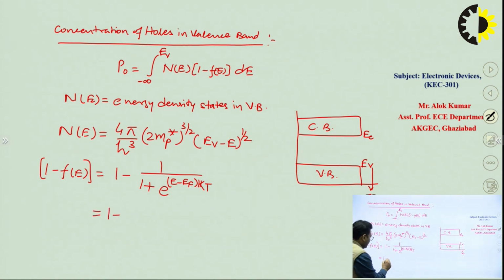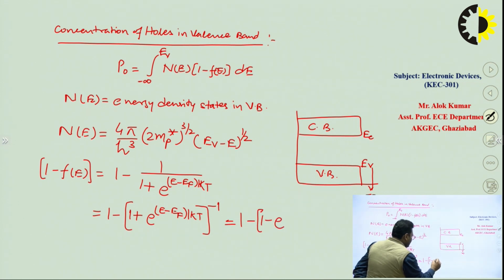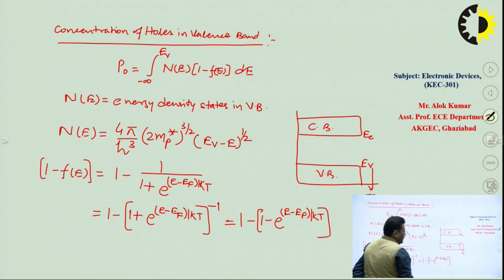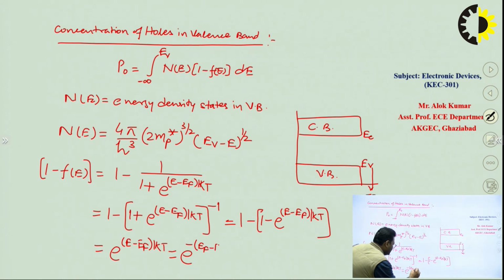So we can write it as 1 minus (1 plus e to the power (E minus EF) upon KT) to the power minus 1, and if we expand this, I can write it as 1 minus 1 upon ... After solving this, we will get e to the power (E minus EF) upon KT, or it can be written as e to the power minus (EF minus E) upon KT, right.